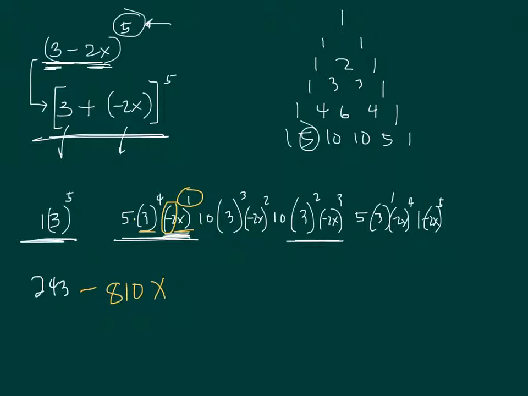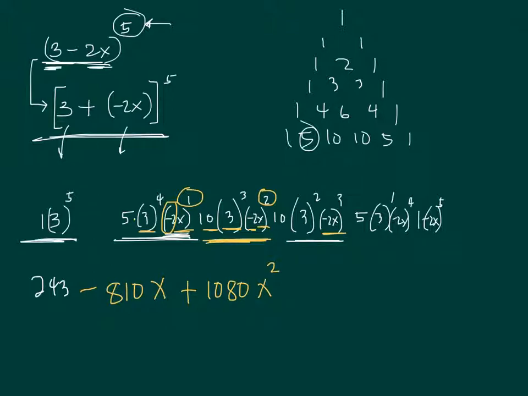Okay, and then the third term, so this is negative 2 squared, so that's 4 times 3 cubed, 27, and then times 10. So 10 times 27 times 4, then that should give me a positive 1080, then x raised to the 2.